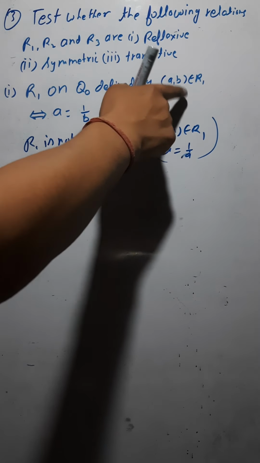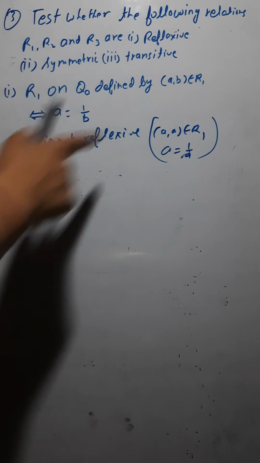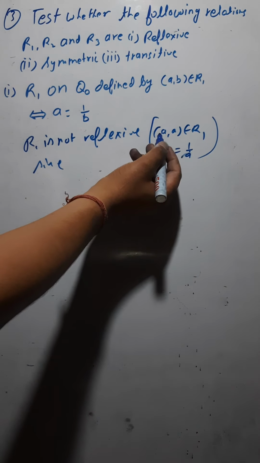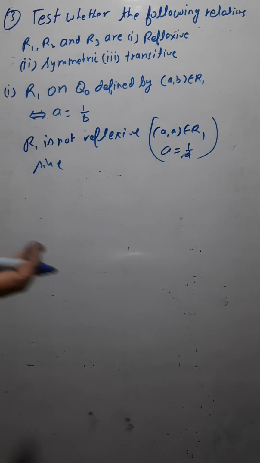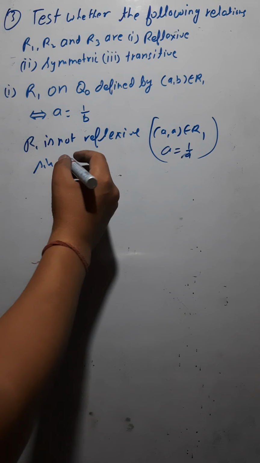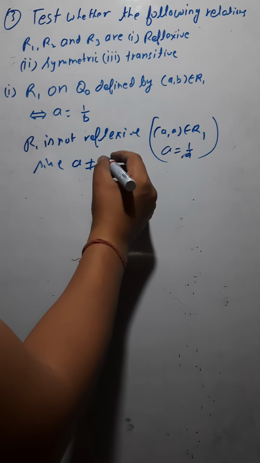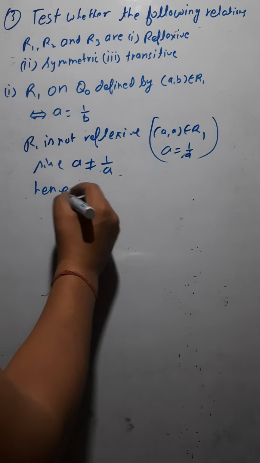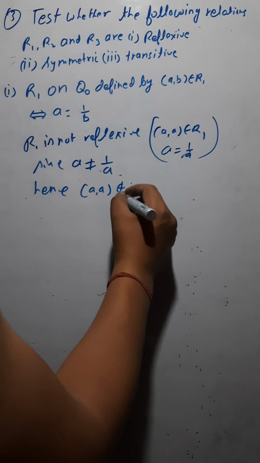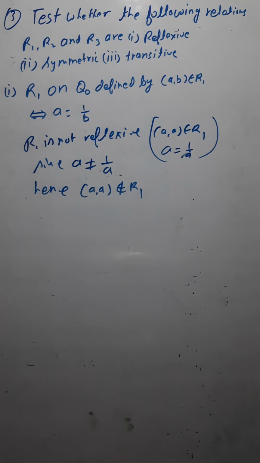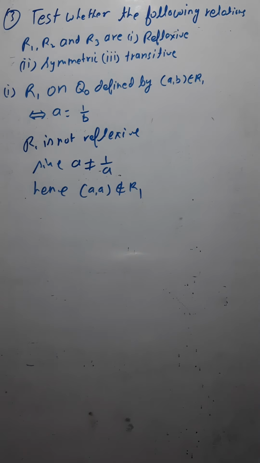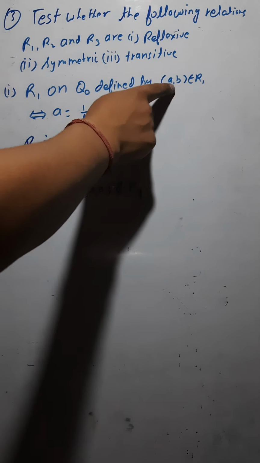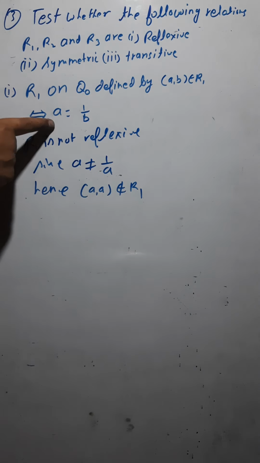The first element should equal 1 by the second element, but here the first element is A and the second element is also A. So can A equal 1 by A? No, it cannot be possible, isn't it? That is why we are calling R1 not reflexive. Since A cannot equal 1 by A, AA does not belong to the relation R1. Getting this or not? Because the condition given is that an ordered pair would be in the relation R1 only if this condition is followed.